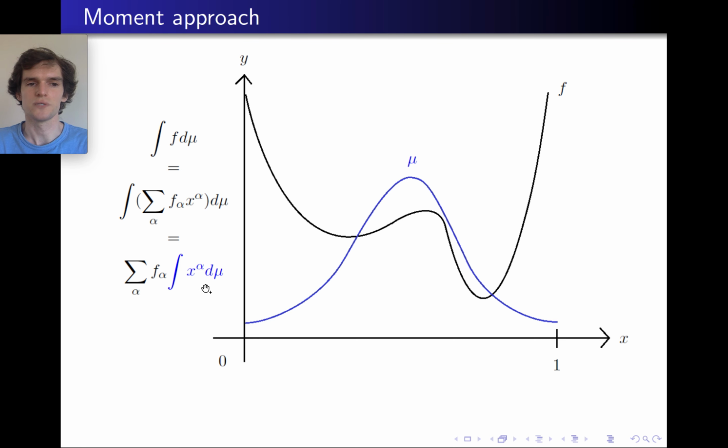What you see is that everything depends on the moments with respect to the measure. The definition is that you integrate a monomial with respect to the measure, and that's the alpha moment of the measure mu.